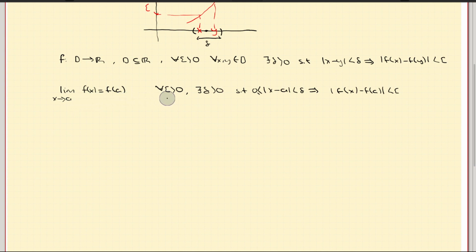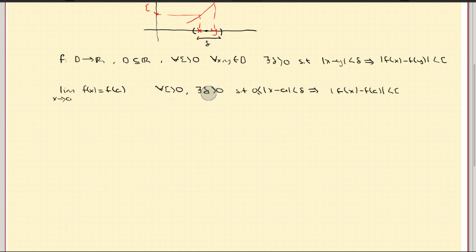And the definition of the limit is, for any epsilon positive, we can find a delta positive such that if the distance between x and a is less than delta, then the distance between f(x) and f(a) is less than epsilon. So this is the definition of the ordinary limit.